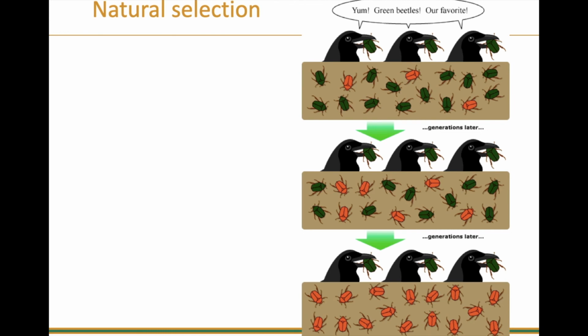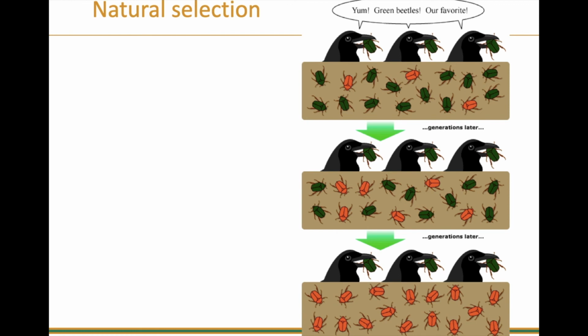The process of natural selection and how it leads to genetic changes in a population of organisms. I don't think this is real, but it explains it well. So these birds say, yum, green beetles are our favorite. So they're eating all the green beetles, maybe because they taste better, although birds eat some pretty gross stuff, so maybe it's just because they're easier to see. At first there's mostly green beetles in the population.